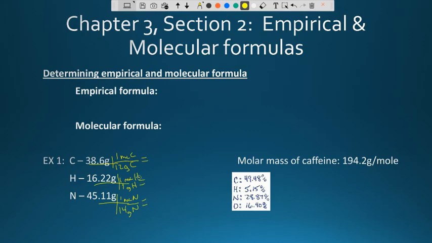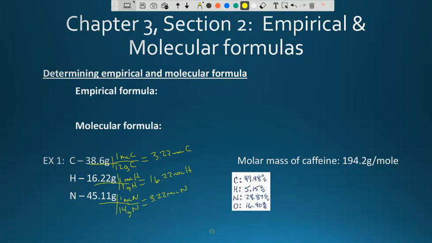And so what I've done at this point is I'm converting everything into moles. So this ends up being 3.22 moles of carbon, and this is 16.22 moles of hydrogen, and this ends up being 3.22 moles of nitrogen.